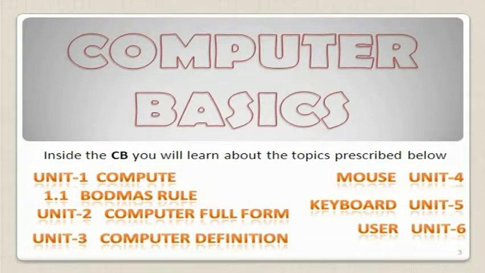Unit 7 is your part. That's why we have named it what to do is yours. Up to the sixth unit, what to do is ours, and the 7th unit, what to do is yours. Okay, these are the prescribed topics.